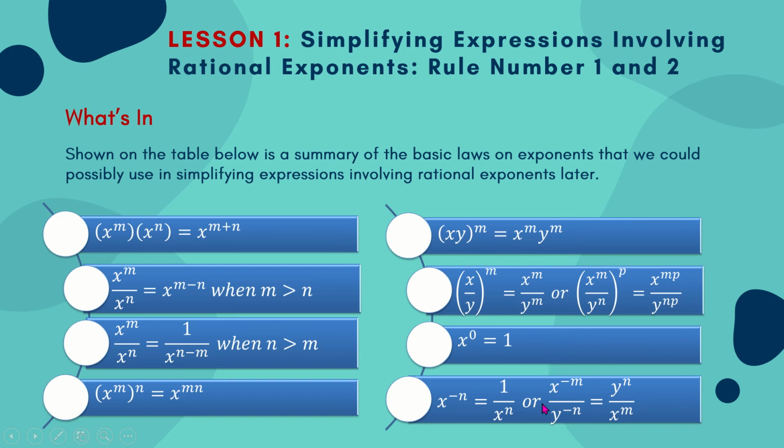Or the other way around, for a quotient of x and y that has negative exponents, the result would be interchanged, no? The numerator is transferred to the denominator and the exponent n becomes positive, while the denominator y raised to negative exponent n is transferred to the numerator and it becomes base y raised to exponent positive n. They interchange to make their respective exponents positive.